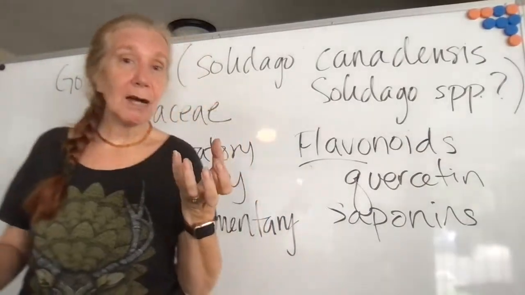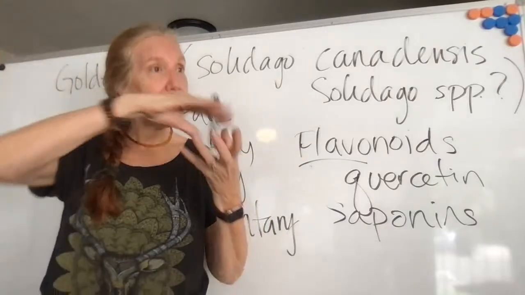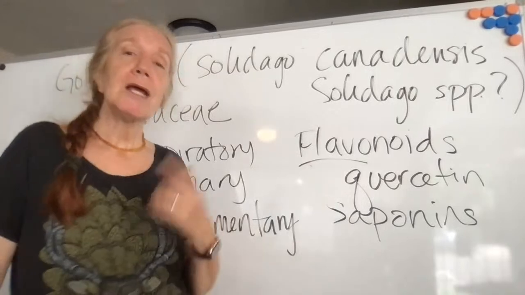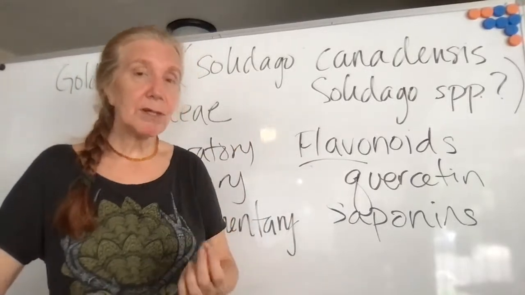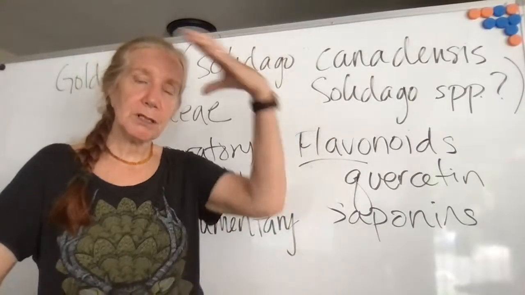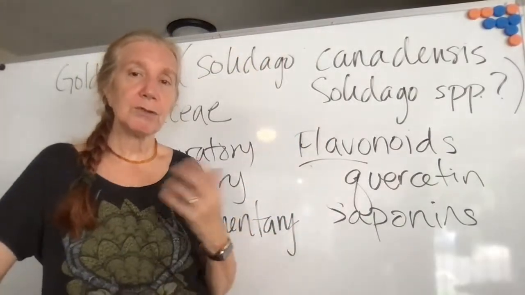We can see the yellow of the bloom. That is the presence of the quercetin. So if you're mostly getting greens, you're not getting so much of that. So when it comes into bloom, we cut off that top third and we use all of that.